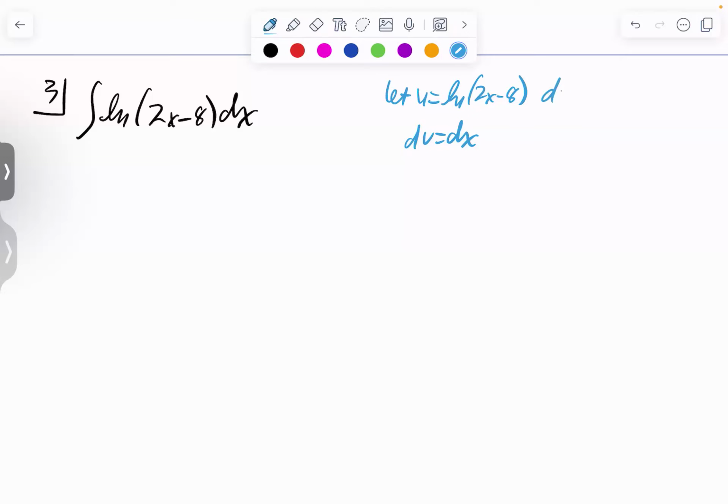Now, our du, when I take the derivative, that's going to give me 1 over 2x minus 8, and then chain rule says times 2. So make sure that we have that extra 2 in there. In fact, I'm going to actually rewrite that up top here.